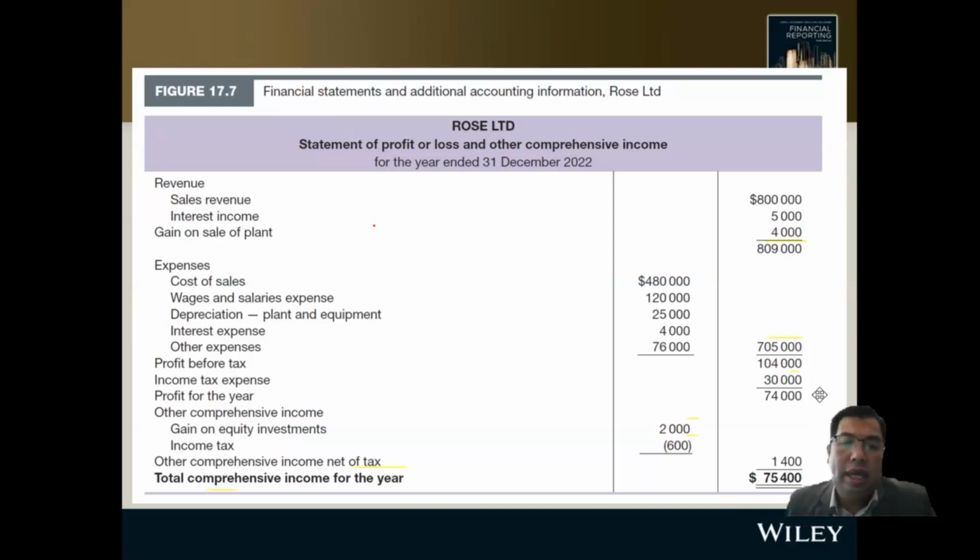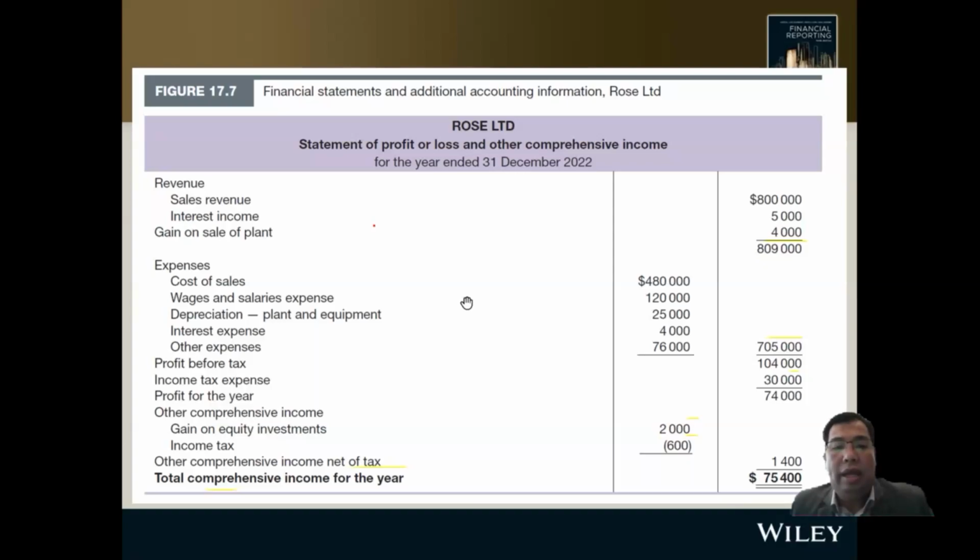So for each item, you need to calculate the real cash payment or cash receipt. From there, you will be able to generate your net cash from operating.